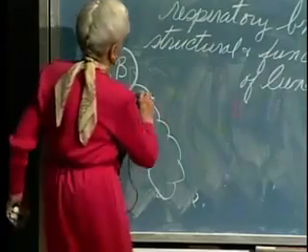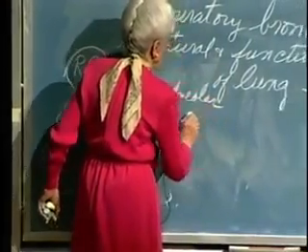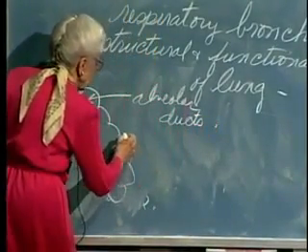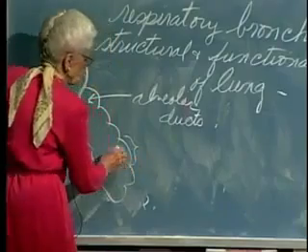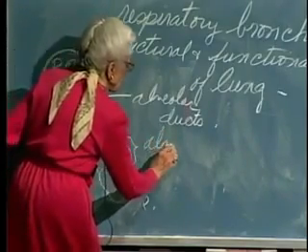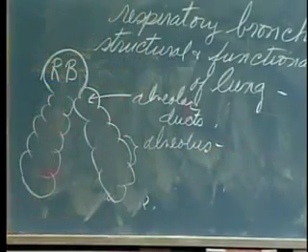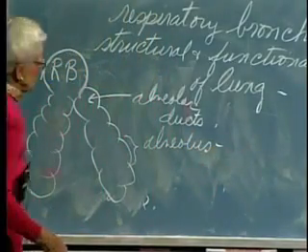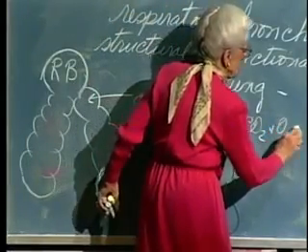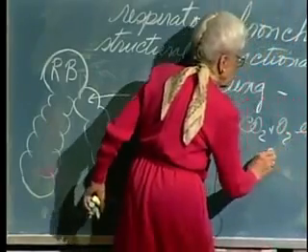These are alveolar ducts, lined with alveoli. Each one of these little pouches here is an alveolus. So we're down to where the exchange of gases takes place. So CO2 and O2 exchange at alveoli.